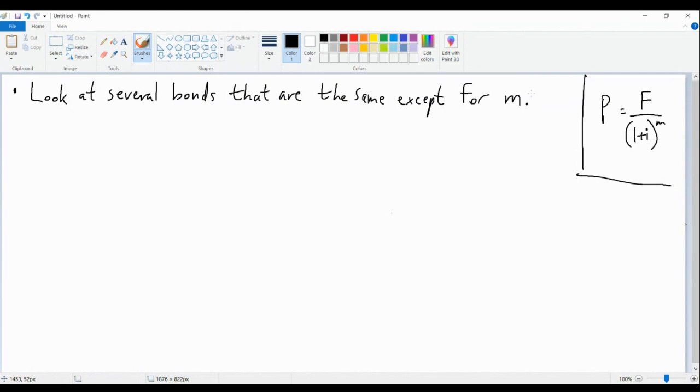Now also, the key here was that we're not planning to hold them until maturity, right? If you hold something until maturity, you know exactly what the relationship between price and interest is. It's this.